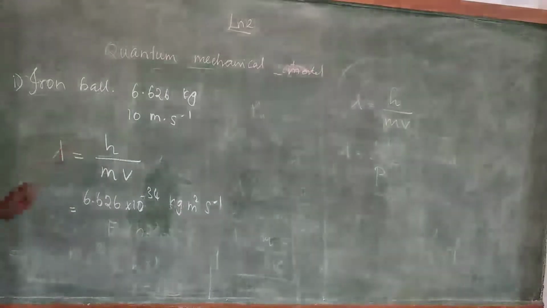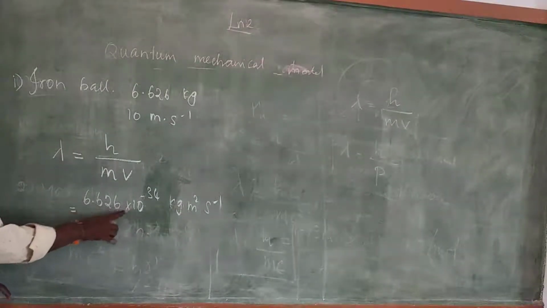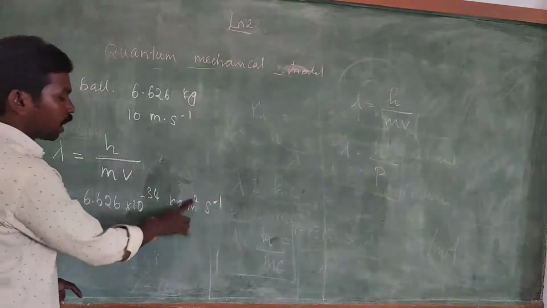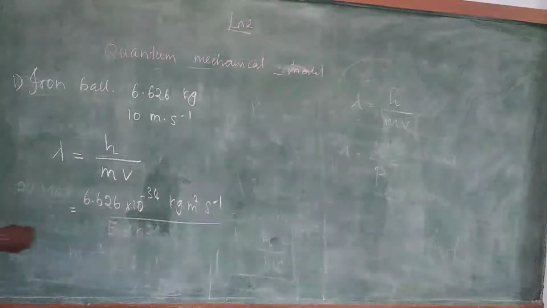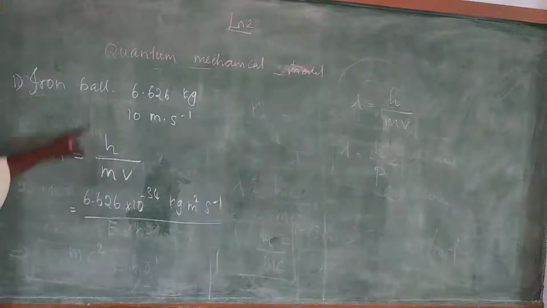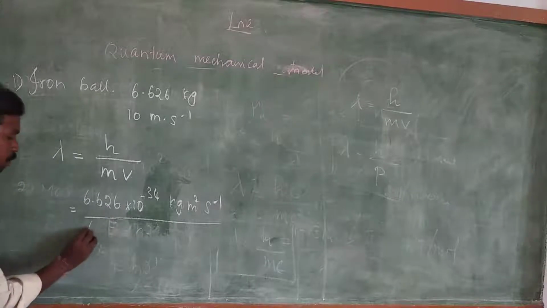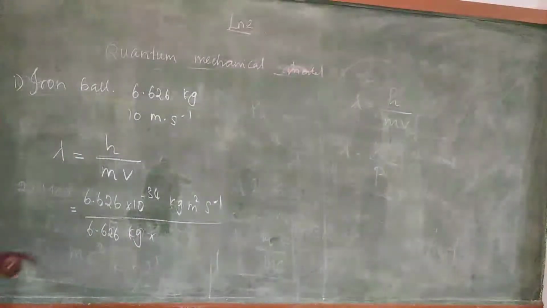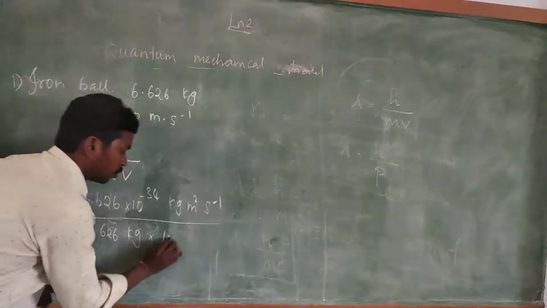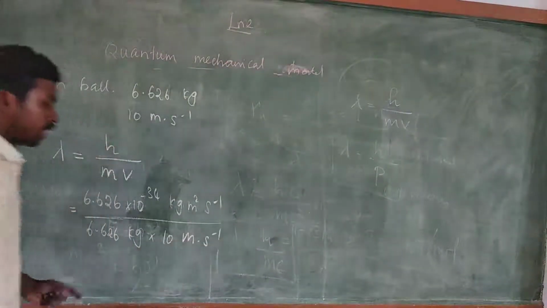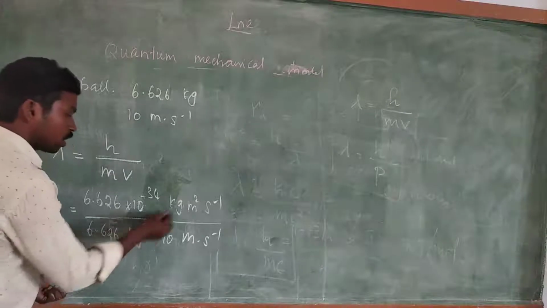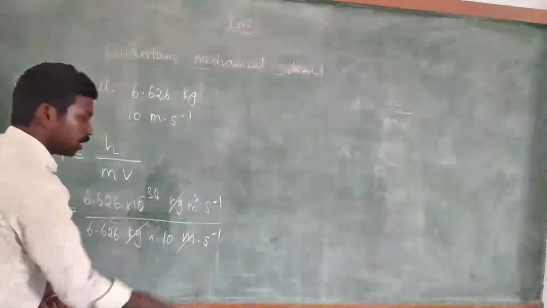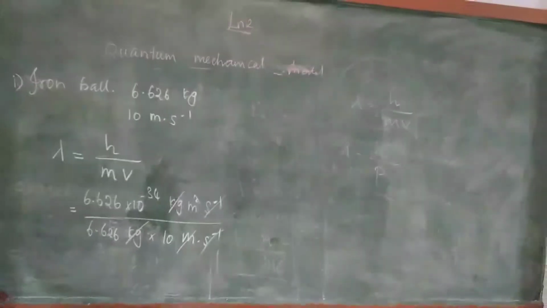This is the value of Planck's constant, divided by m. The mass of the iron ball is 6.626 kilogram into the velocity, 10 meter per second. Then cancel the units. Kilogram cancels, meter cancels, per second cancels.